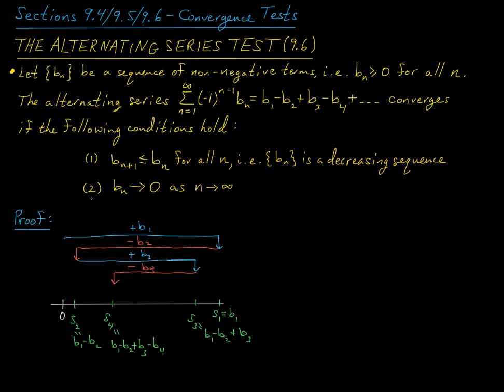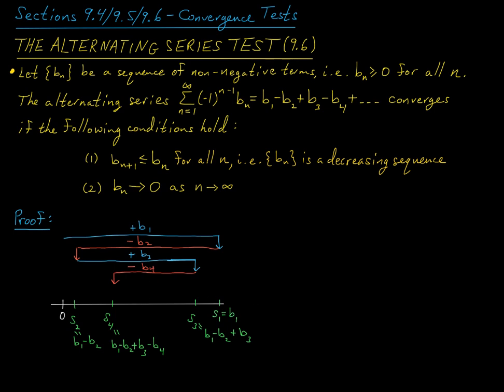But see, from this second condition, and this is where this condition is necessary, b sub n is approaching 0. So while I might undo what I just did on the previous stage for some of these iterations, eventually things do have to narrow down, right?